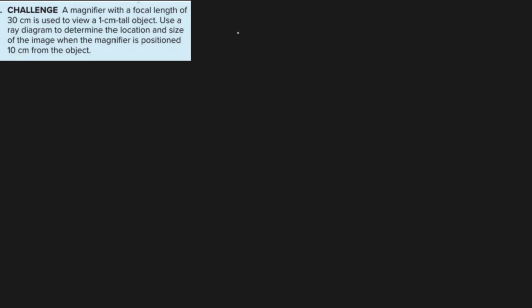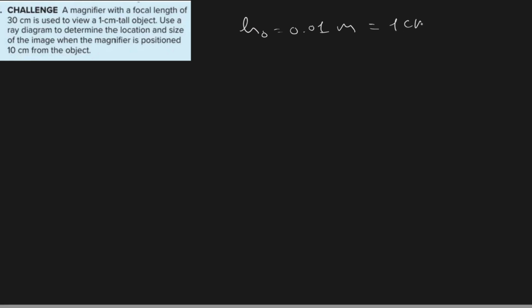So we know the height of the object is equal to 0.01 meters, which is 1 centimeter, of course. And then the position of the object is equal to how much? 10 centimeters, because the object is 10 centimeters away from the lens.